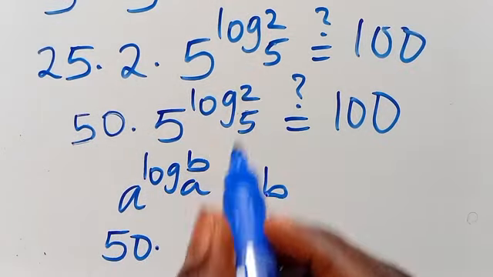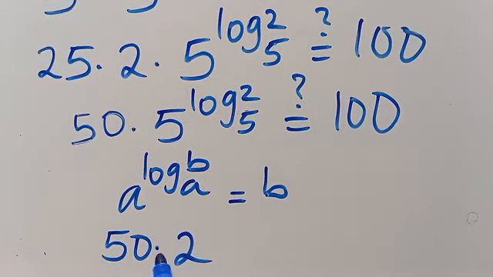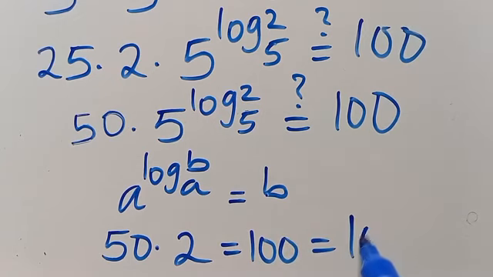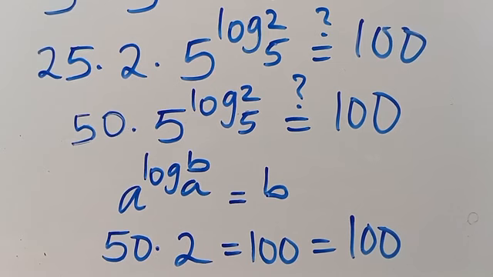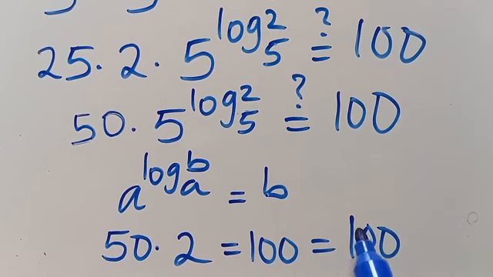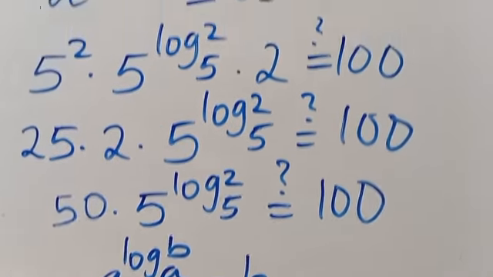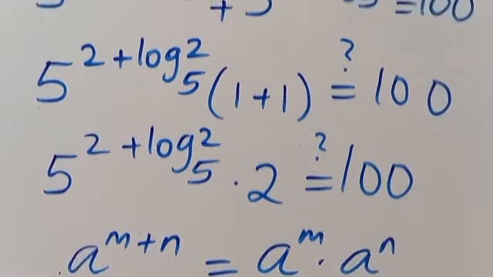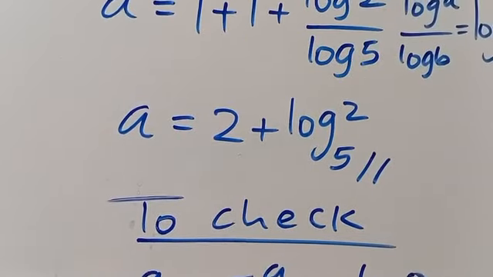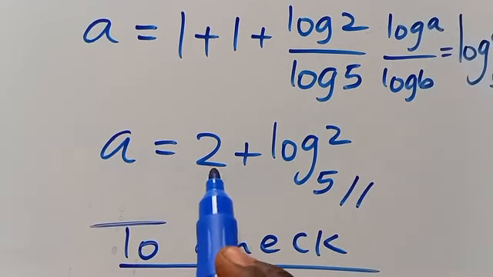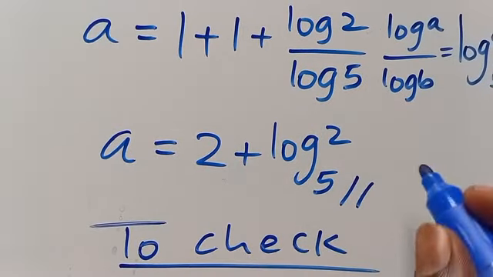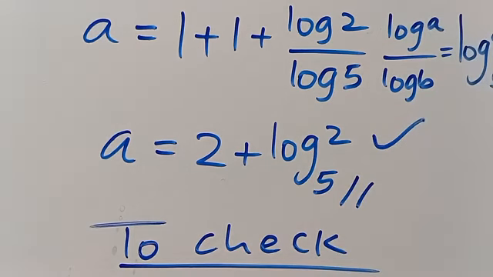This and this are the same. This one will be 2. 50 times 2 is 100, which equals this 100. So from here, the left hand side and the right hand side are the same. And this implies that a equals 2 plus log 2 in base 5 satisfies the problem.